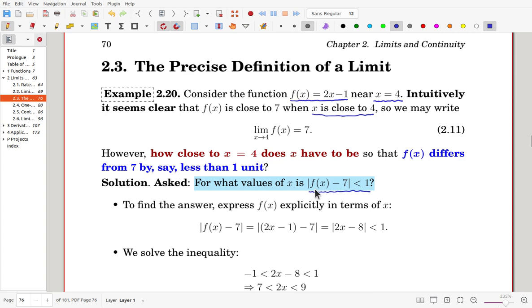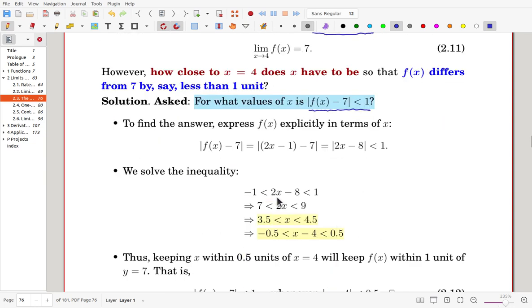f of x is 2x minus 1, so the absolute value of f(x) minus 7 can be written in this way, and with algebraic simplification, we reach this. Now this inequality can be written in this way: 2x minus 8 is between minus 1 and 1. And by adding, we reach this inequality.